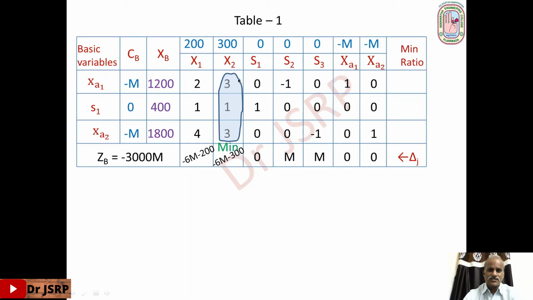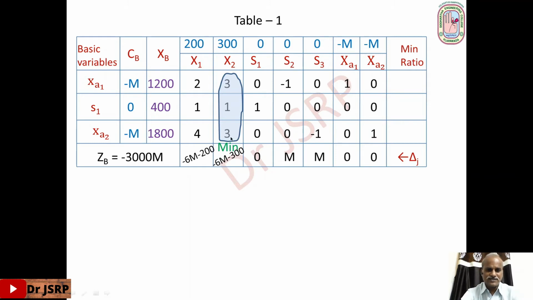Okay, right. Now verify the unbounded solution condition. Is there any indication of an unbounded solution? For that, observe the entries in the pivot column.